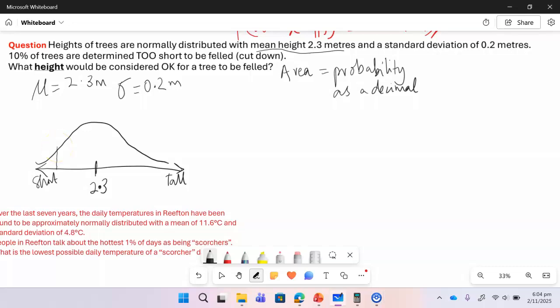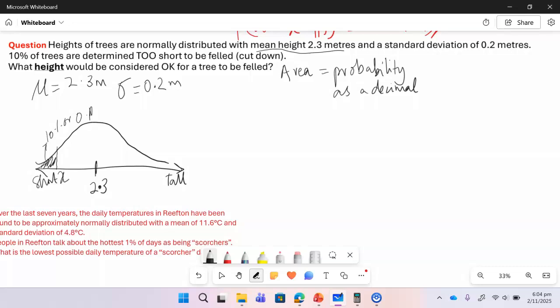But the question's asking what height would be considered okay for a tree to be felled. So that means this 10% is actually this area here, or it's 0.1 as a decimal. And we want to know what that height is.